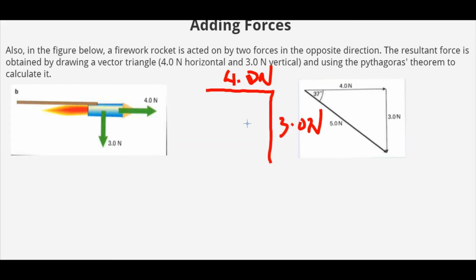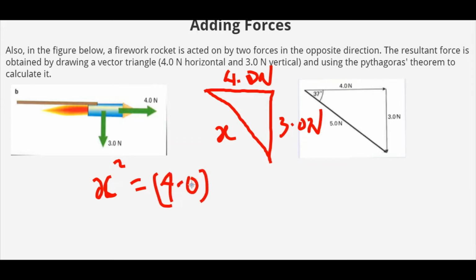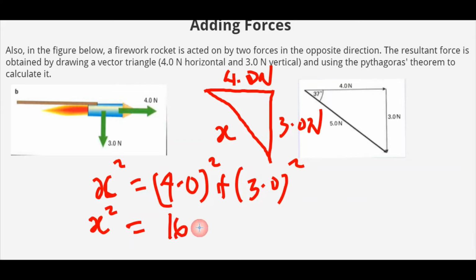Now we have this side. To determine this side, let's call it x. By way of Pythagoras theorem, x squared is equal to 4.0 all squared plus 3.0 all squared. X squared is equal to 16 plus 9.